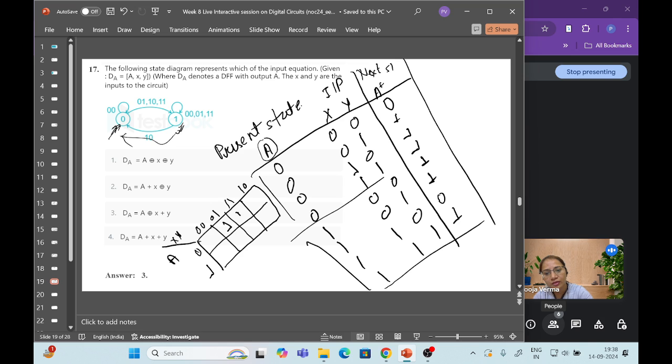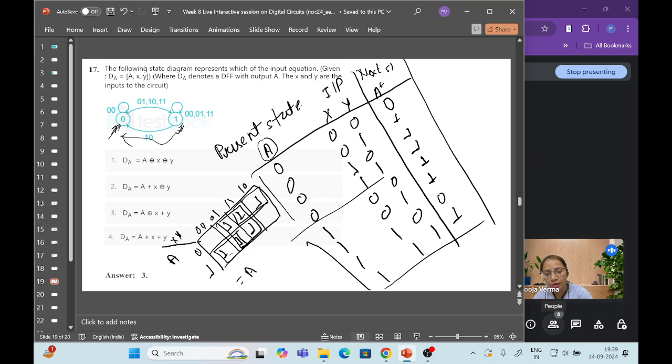So here 1, 1, 1, right? Now the next one is 1, 1. This one is 0, again it is 1. So here one quad, one pair, and this one pair. So the output equation of the state diagram is represented by, for this one pair, that is A, right?